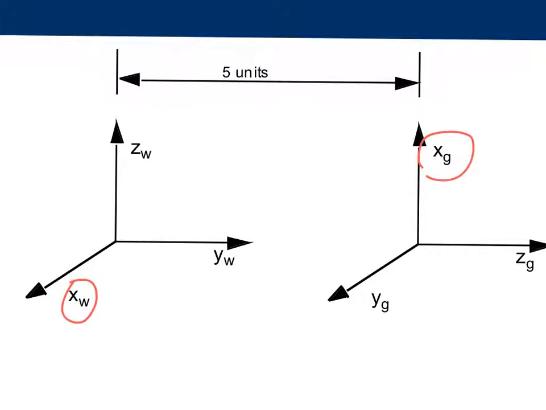So the first thing I want you to do is just try and figure out how you do a transformation between these two frames. And in particular, I want you to compute the frame transformation from W to G. So I recommend you stop this video and grab two physical things that you can play with.